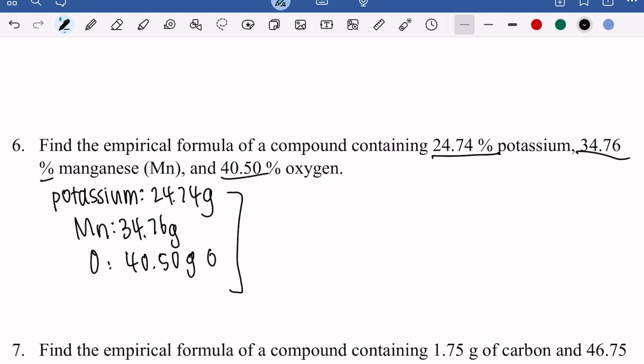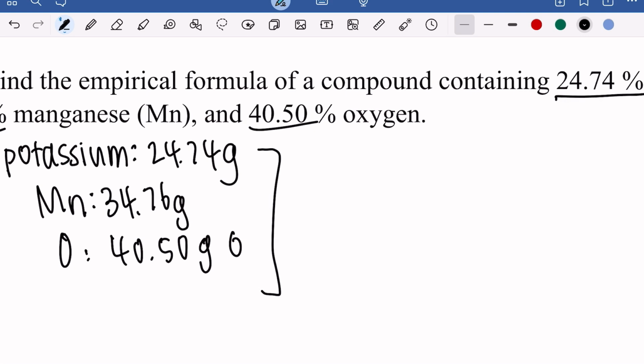And then we're going to convert these into moles using their molar mass.